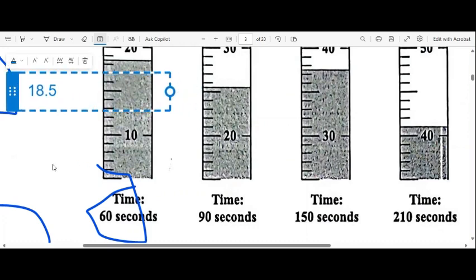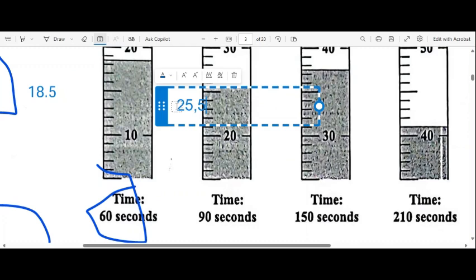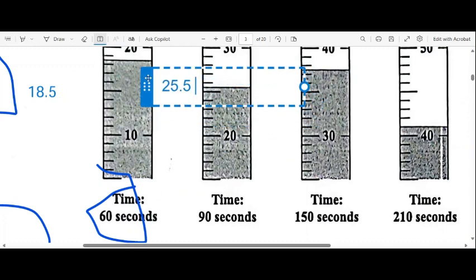Let's estimate that for now. We're utilizing the same scenario to count here. We start at 20, 21, 22, 23, 24, 25, which is 25.5 because it's still halfway. It's not a full estimate. 25.5, we put that right there.